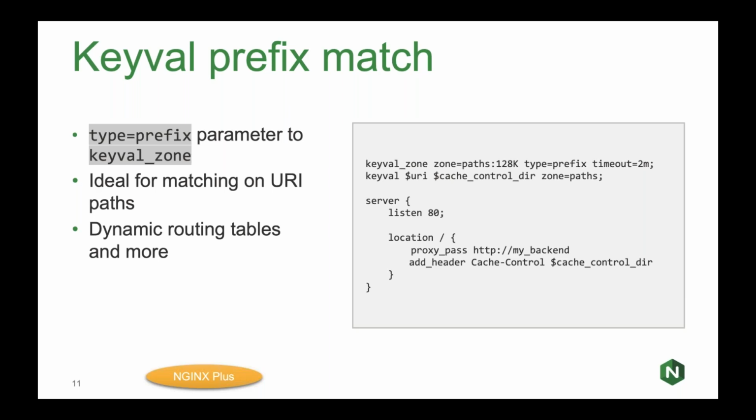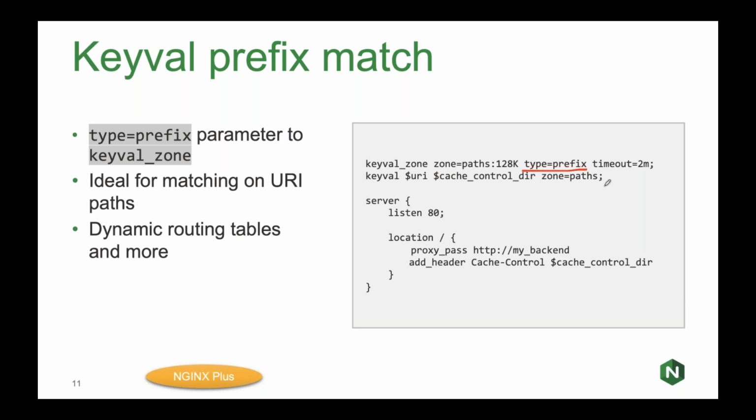So we can use it, for example, for putting a list of IP addresses that we want to put in a black list or a white list. We can use it for putting in IP address ranges that we want maybe to apply some different configuration to. Maybe it's a different authentication policy, a different bandwidth policy, that kind of thing. In this example, we have the key value zone configured, and this time there's a new parameter where the type is prefix.